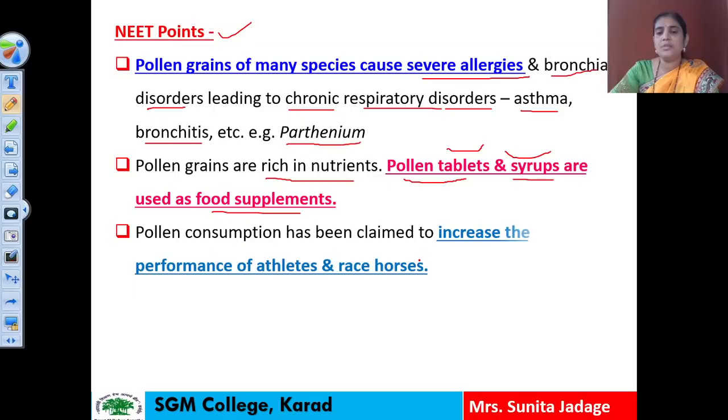And sometimes the pollen consumption has been claimed to increase the performance of athletes and race horses. If the pollen tablet or pollen syrup which is rich in nutrients is taken by people, then there is an increase in the performance of the athletes, or you can use it to increase the performance of the race horses. These pollen products we can use for this.